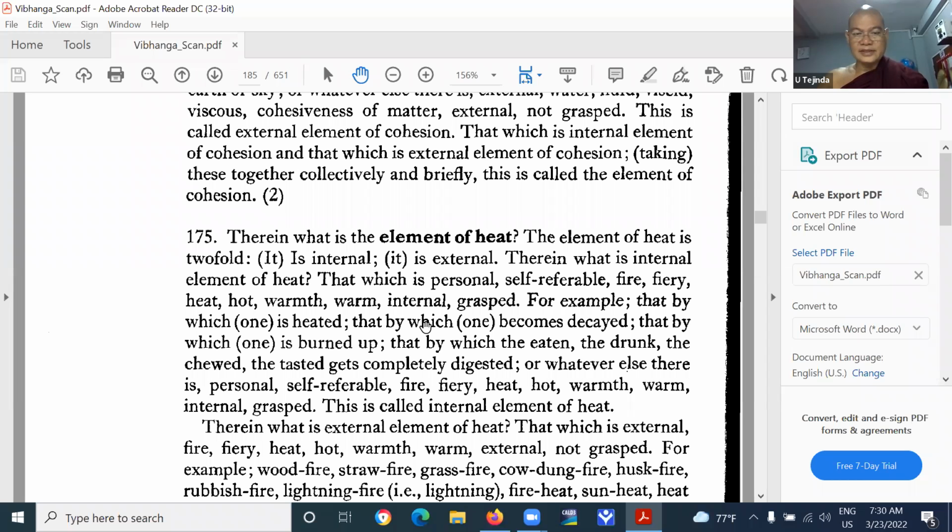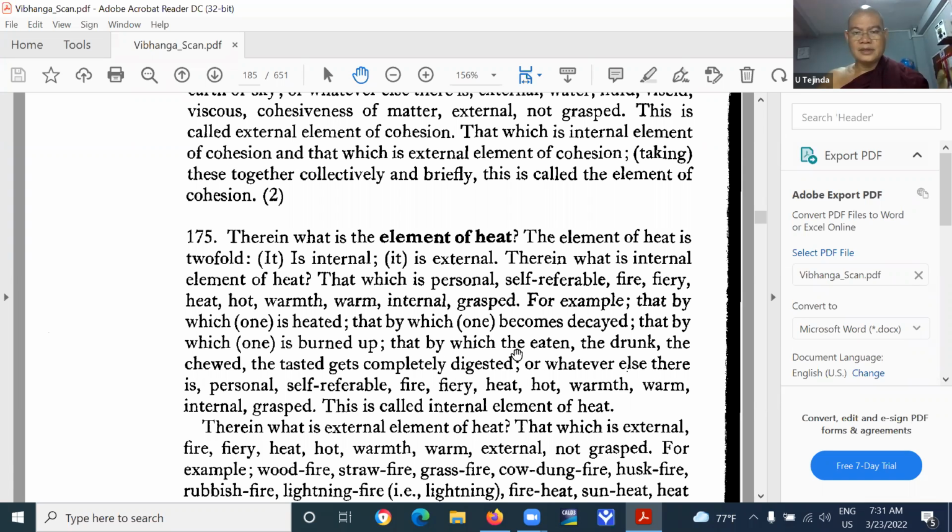Yeja santabhati. That by which one is heated. That by which one becomes decayed. Yenaja pritishadi. That by which one is burnt up. Yenaja asita pita kaida saida sama parinama gajadi.